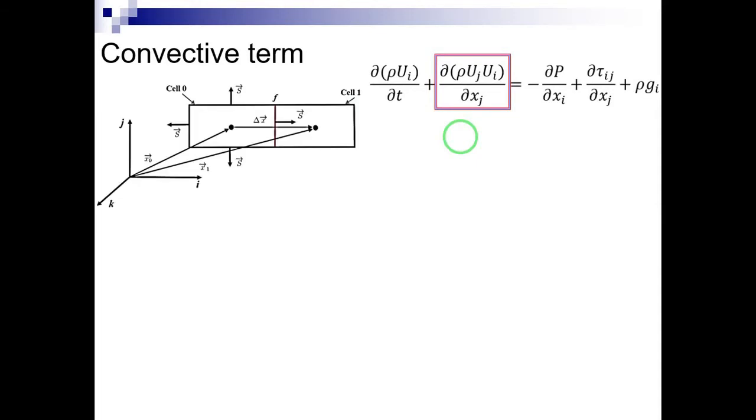Here we are going to calculate the convective flux through the mutual face f of the two cells 0 and 1 as shown here. So we are going to calculate the convective flux through this face f. Here S is the surface area vector of the face, which is shown with this vector.